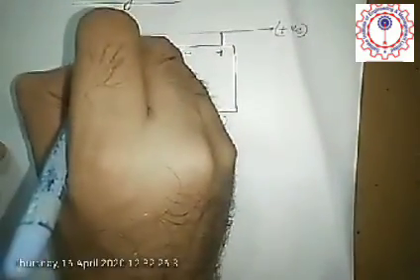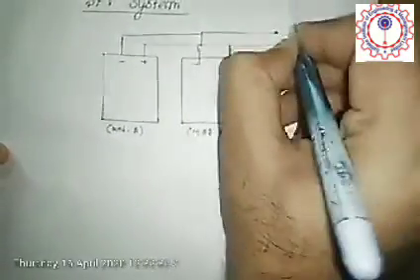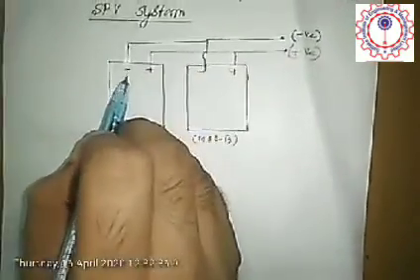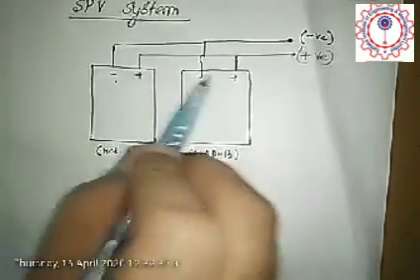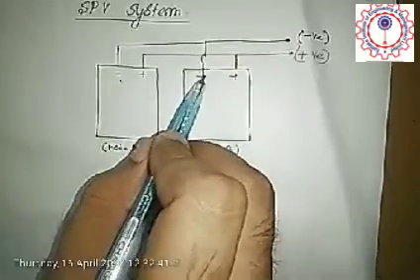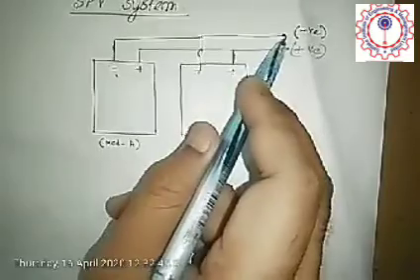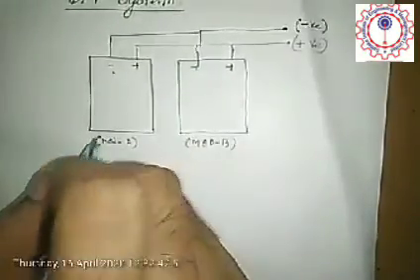And this is the negative terminal: the negative terminal of module 1 and the negative terminal of module 2 are both connected in parallel, so they are connected with each other, and finally this is the negative terminal.